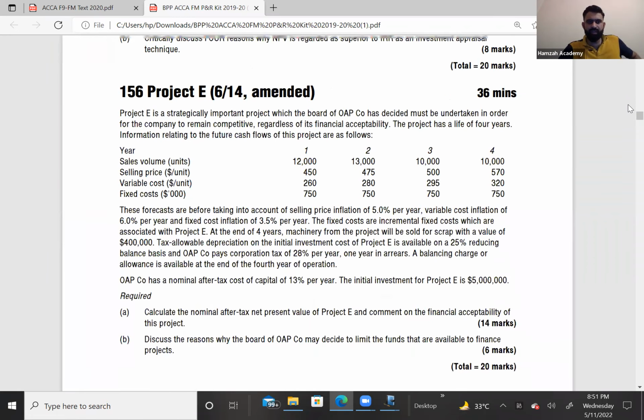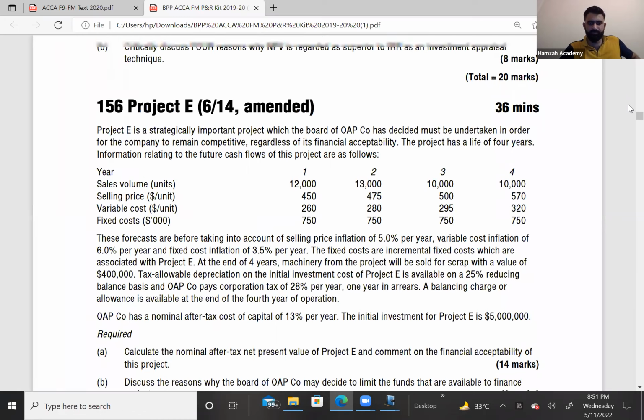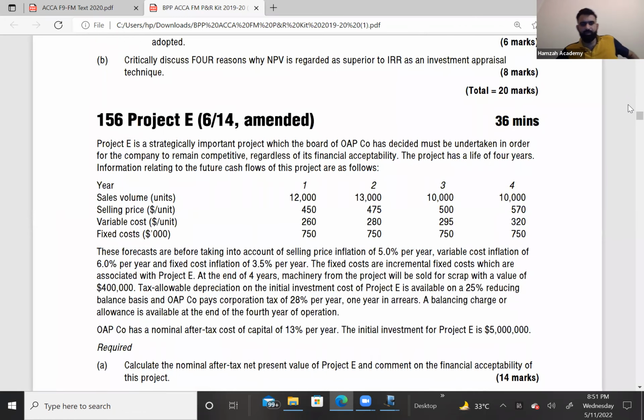Okay, now look at this question. I'm performing the calculation of this question from the past paper, so we can better understand the proforma. In class, we are using this question to understand the proforma which we discussed for the calculation of NPV.